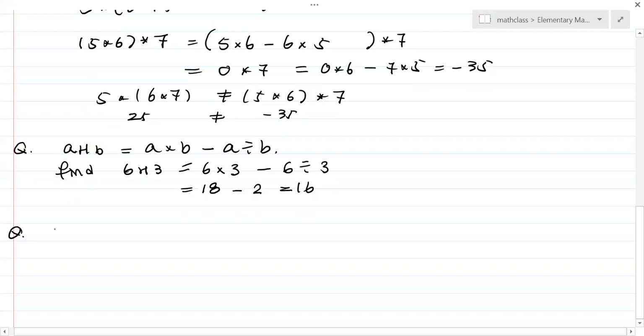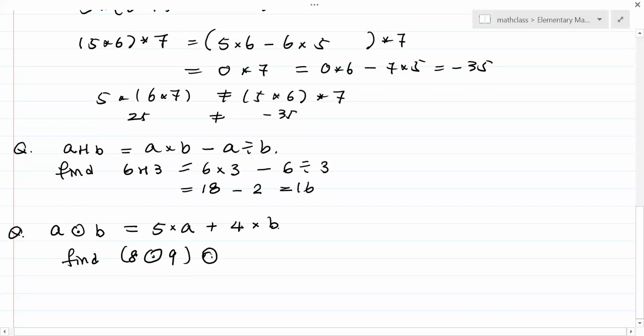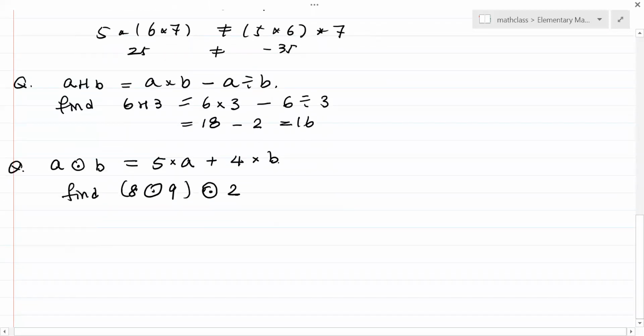We define A circle B as a new operation. It's going to be 5 times A plus 4 times B. We are going to compute 8 circle 9 in parentheses, then star 2. The 8 and the 9 are in the parentheses, so you have to compute that first.